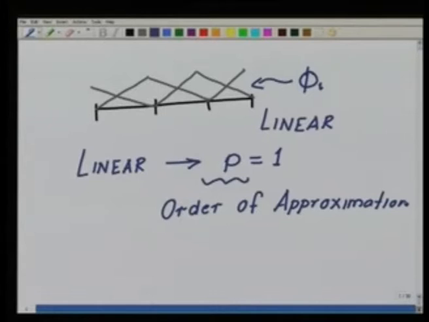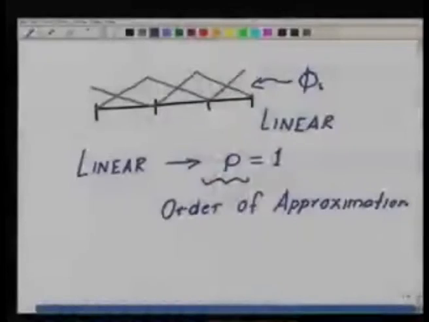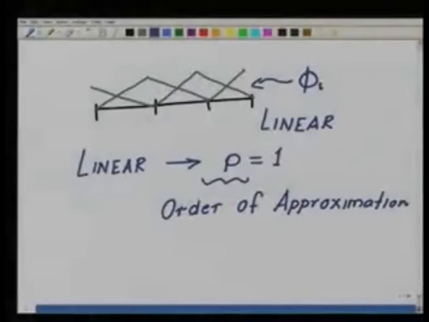Now what we have implicitly assumed, and we will assume throughout this course unless we specify otherwise, is that this order of approximation is the same in all the elements. That is, throughout the domain we use the same order of approximation. One can always use different orders of approximation in different regions of the domain. That case we will not handle now.